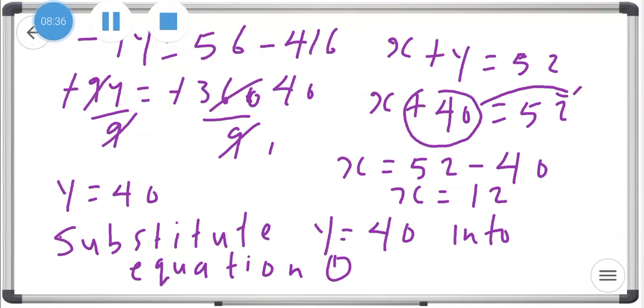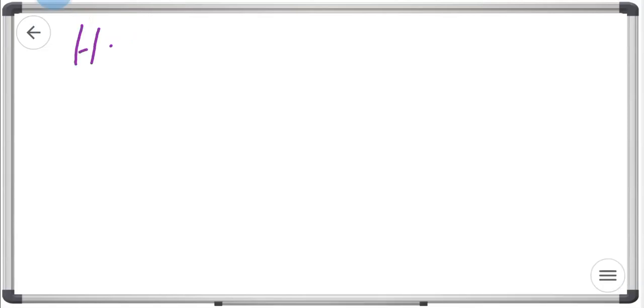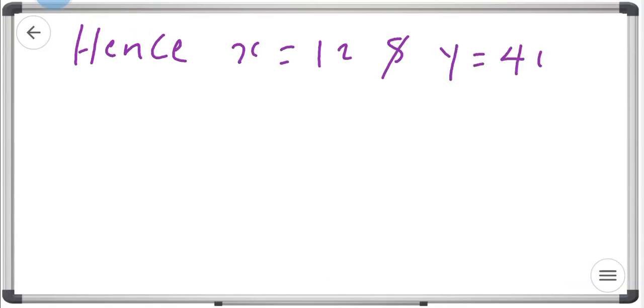Now let's quickly check if what we've done is right. We said x equals 12 and y equals 40.